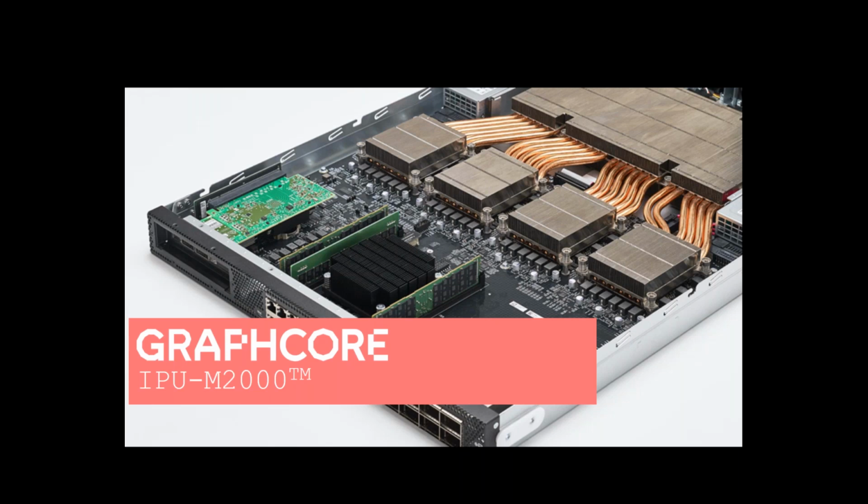We've got 900 megabytes of SRAM in each device, so 3.6 gig of memory in the device alone. And if you stack 16 of those to build a Pod 64, we're able to deliver 16 petaflops of AI compute. We've got 7.2 terabytes of memory. We've got these really large capabilities that we're able to give to our customers.